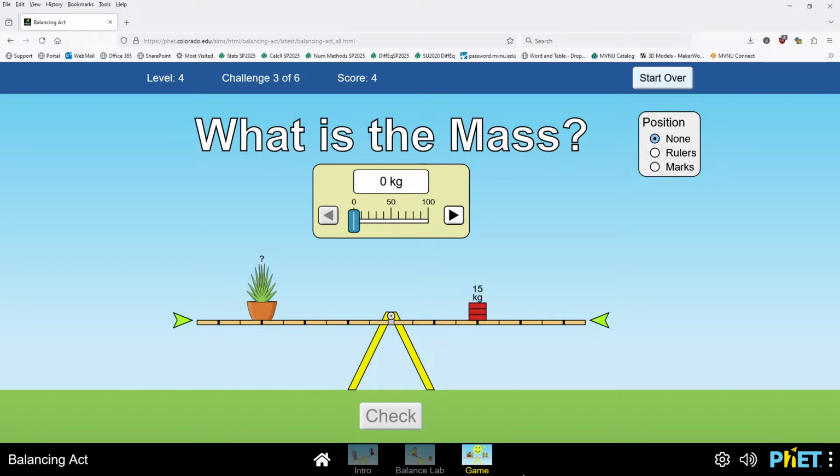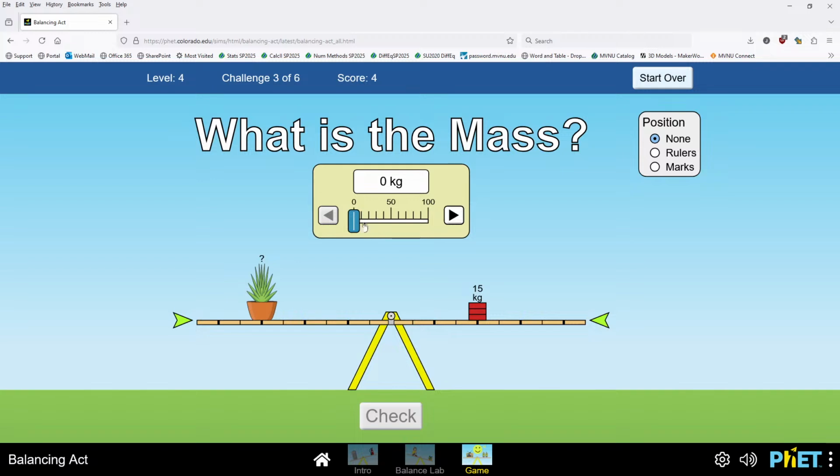So 2 units over, 15 kilograms. The moment here is 30. And then on the left side, you have 3 units over and x units for the mass. So that's 3x. 3x should equal 30, which means x is 10. So there we go. So if you got 10, you're in good shape.